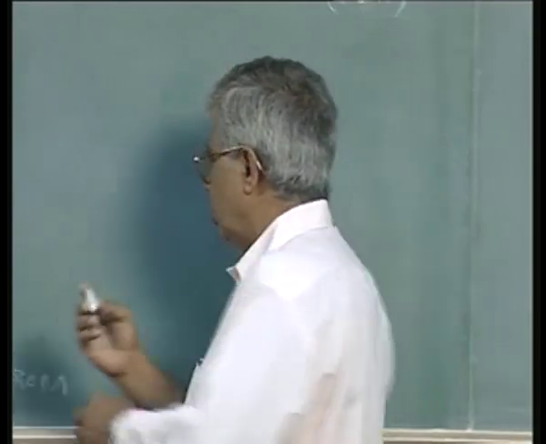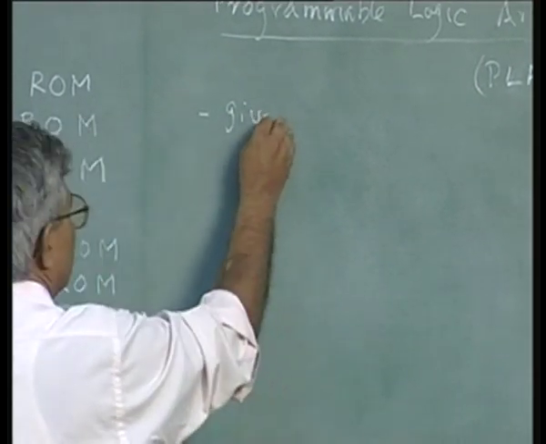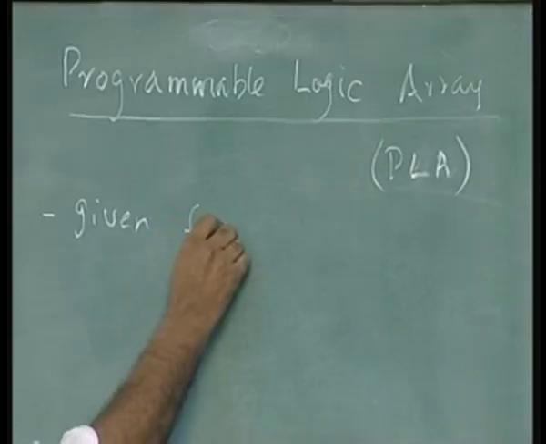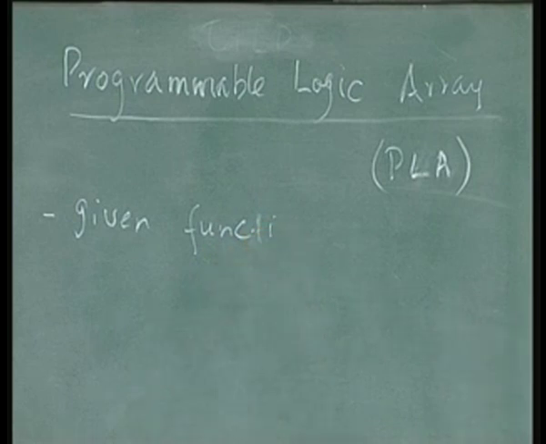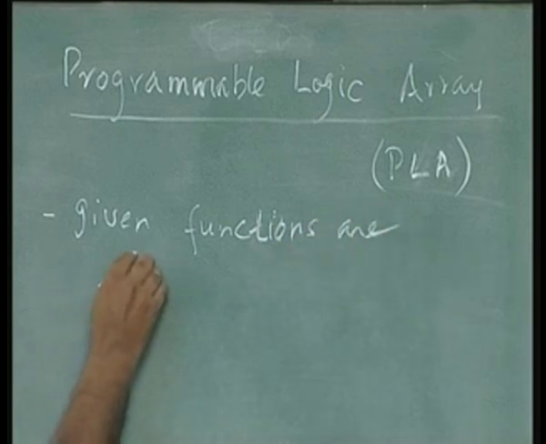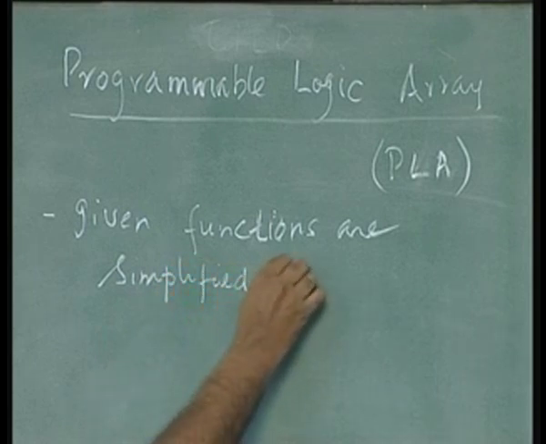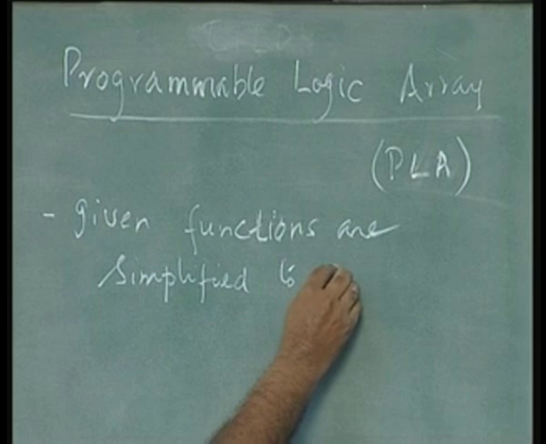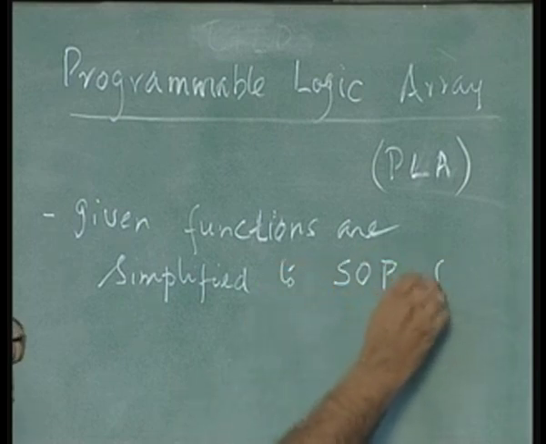So what I do is, given function, given problem or functions I will say, because I am going to do more than one function, are simplified to a certain extent to sum of product form.